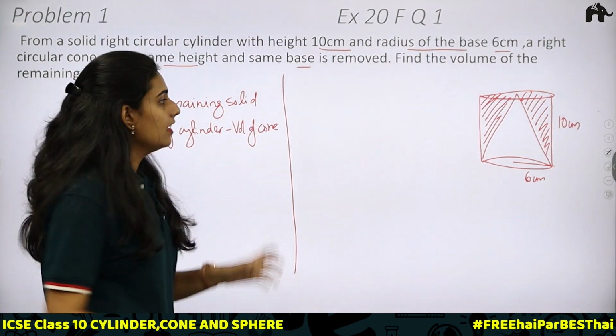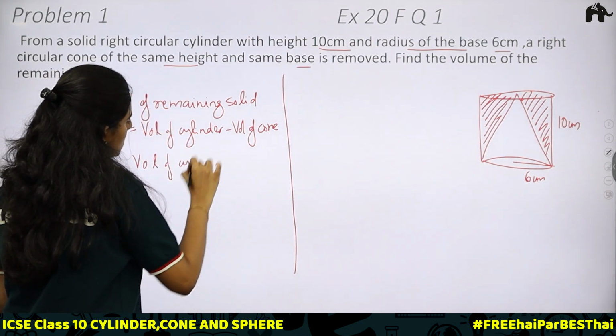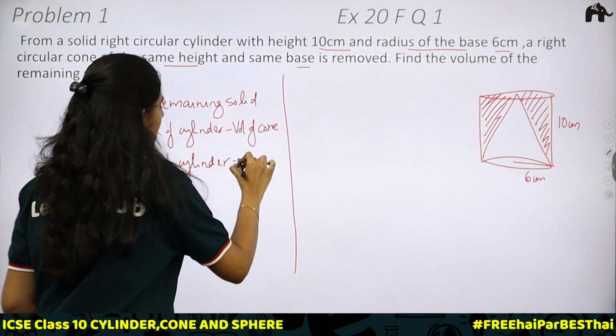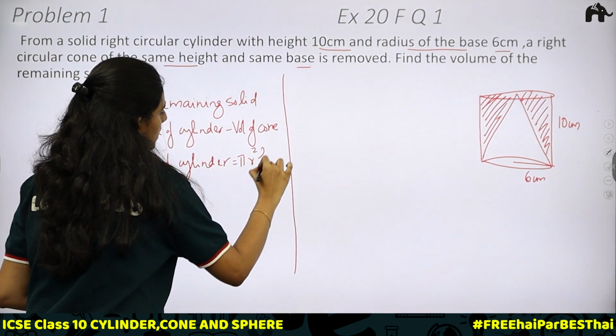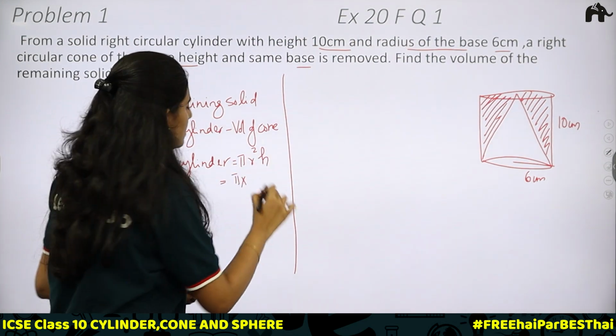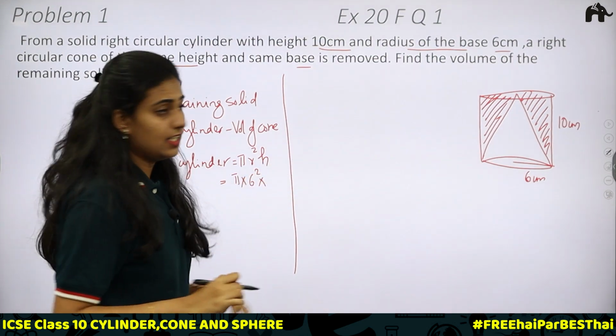Now what is the volume of cylinder? What is the formula to find volume of cylinder? Pi r square h. That is pi into r square, 6 square, into height is 10.